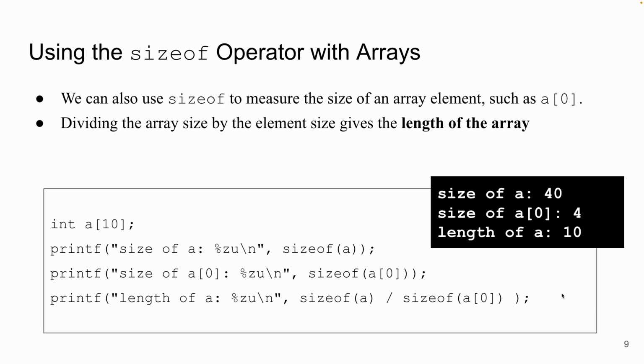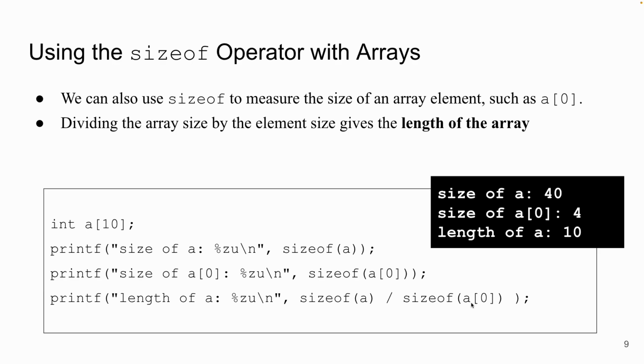So now you should know how to calculate the length of the array using these two things, the size of A and the size of A0. We just need to divide the total size of array A by the size of each element, like the array 0 here. Then we can know how many elements this array A has.